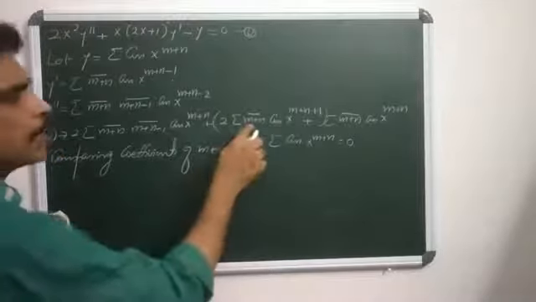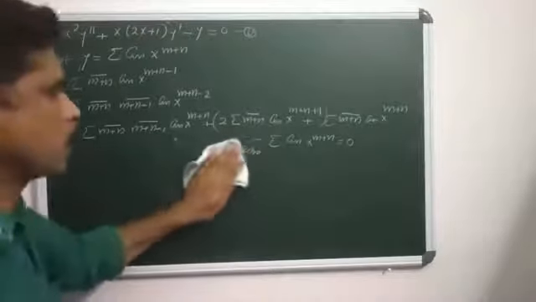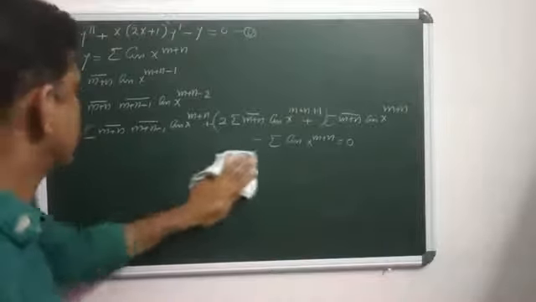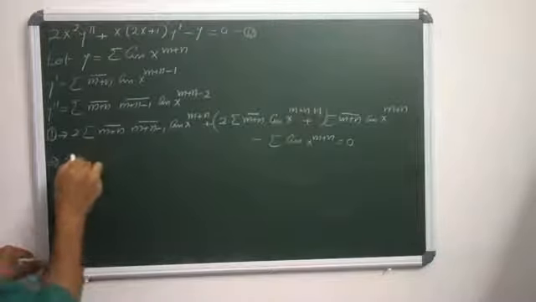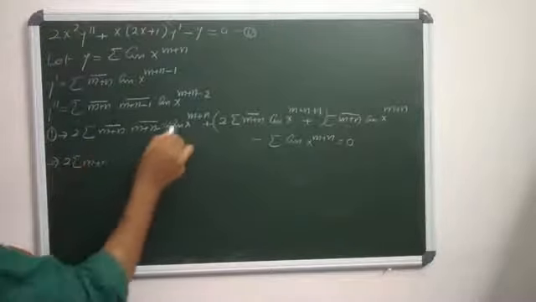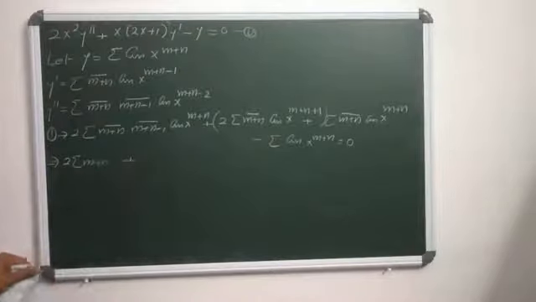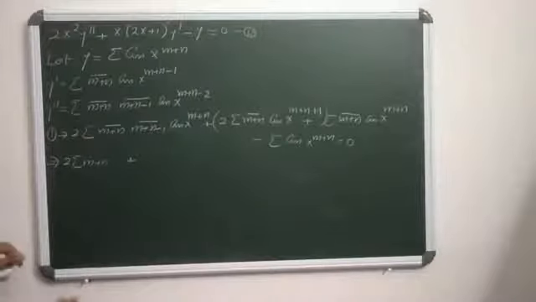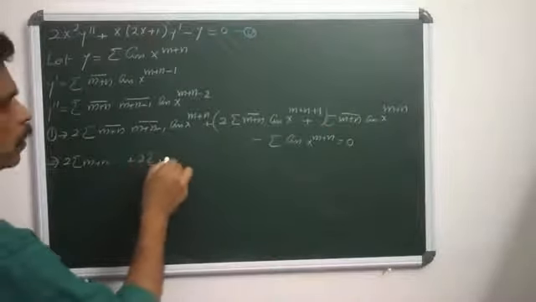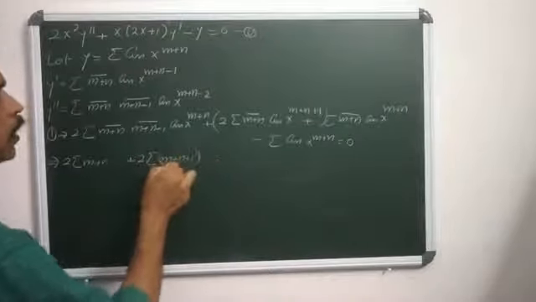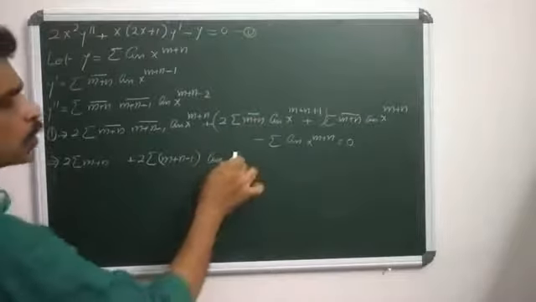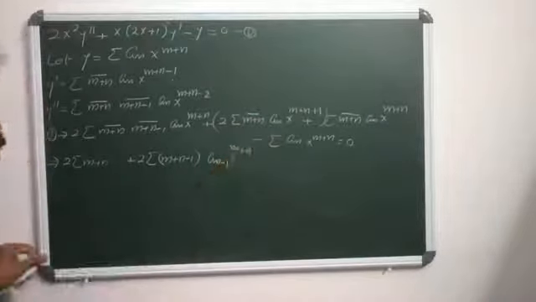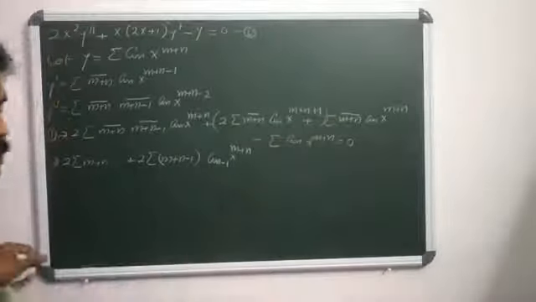So this gives 2 into the first term, that is sigma (m+n)(m+n-1) a_n x^(m+n), plus the second term, which involves the power of x as m+n+1, but it can be rearranged as 2 into sigma, replace n by n minus 1. What you get? (m+n-1) a_(n-1) x^(m+n). That is the second term. Third term is same, fourth term is same.